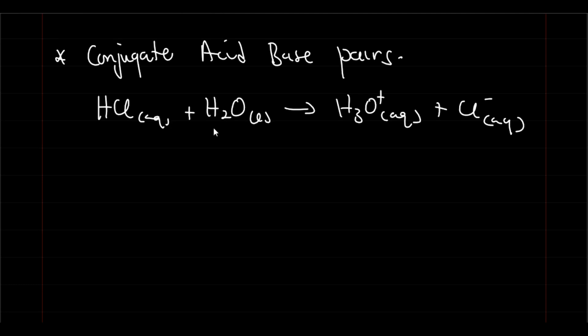Remember, water can act as either acid or base, because it is an ampholyte, a substance that can act as either base or acid, or it is amphiprotic. It can donate a proton and it can also accept a proton.